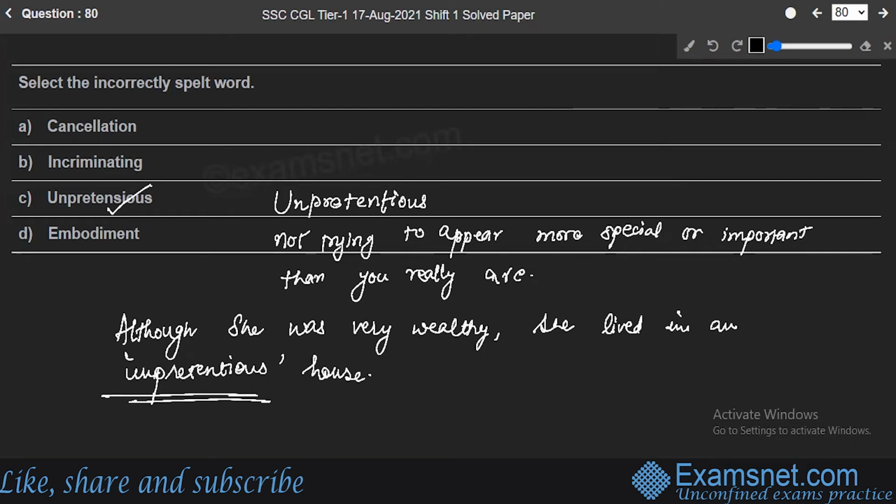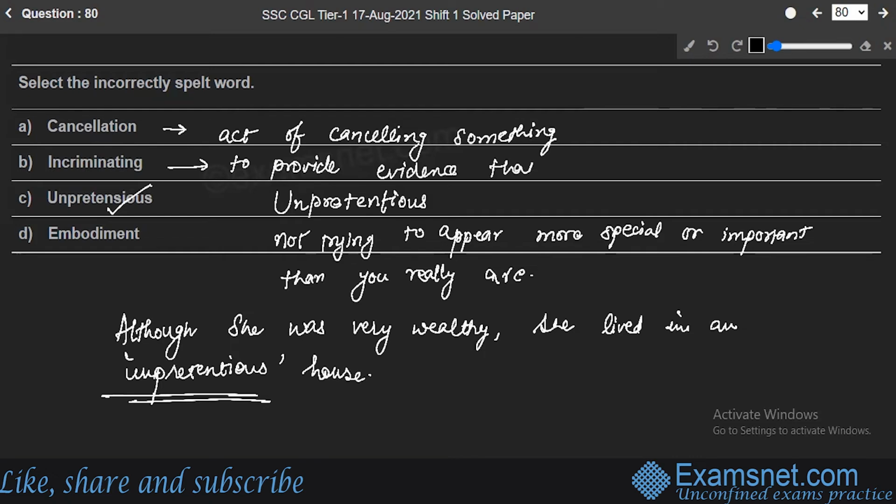Let's see the meaning of the rest of the words. Cancellation means the act of canceling something. Incriminating means to provide evidence that someone is guilty of a crime.